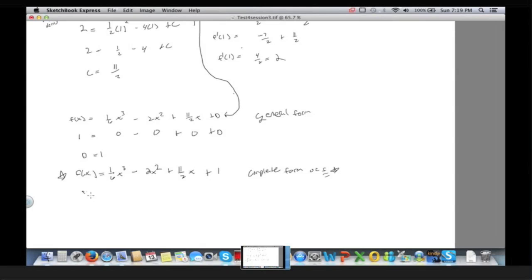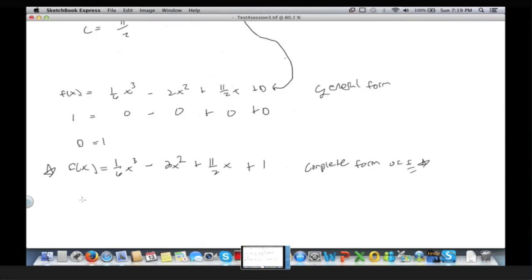I'll just do all the work here. F prime of x equals 1/2 x squared minus 4x plus a constant. Good. Good. And just take the second derivative.